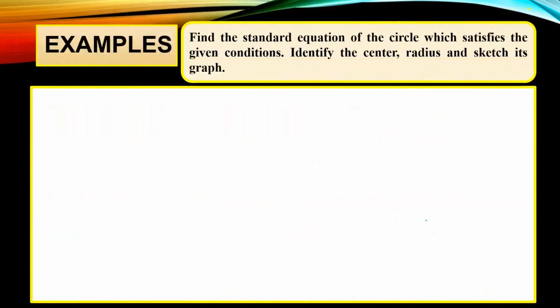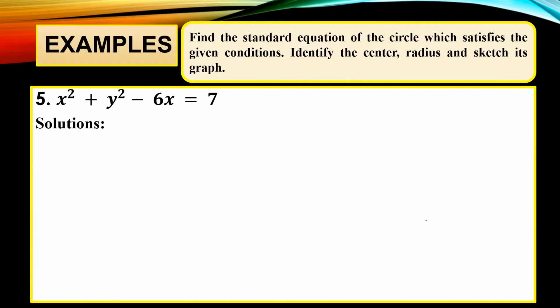Next, we have: find the standard equation of a circle which satisfies the given conditions, identify the center and radius, and sketch its graph. We have x squared plus y squared minus 6x equals 7. Again, we first need to convert the given general form of the equation to the standard equation of the circle.